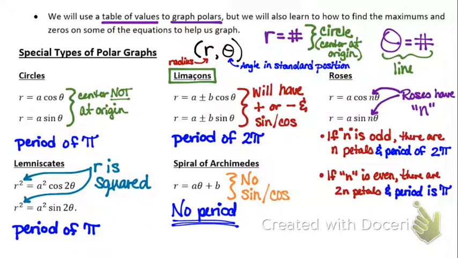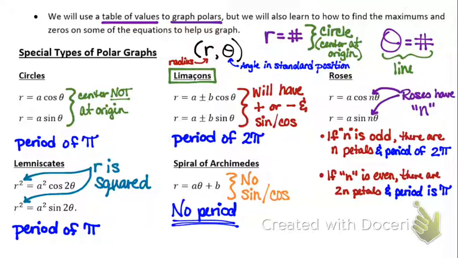So if you're looking at a polar equation, r equals something, and there's no sine or cosine in it, it's going to make a spiral. We've got a plus or a minus, usually, no sine or cosine.